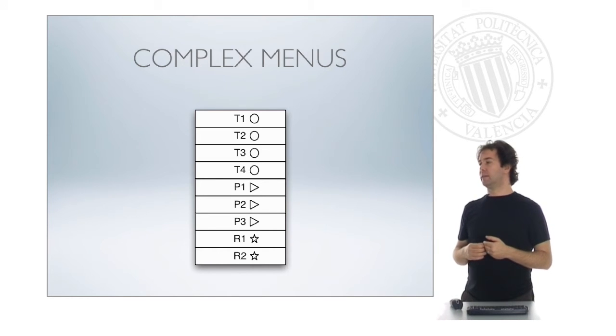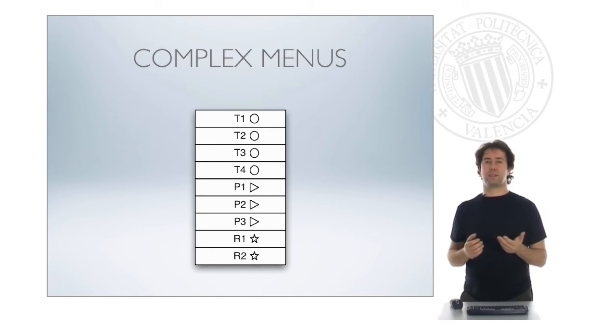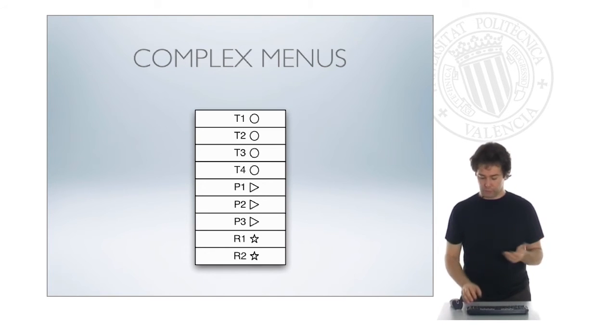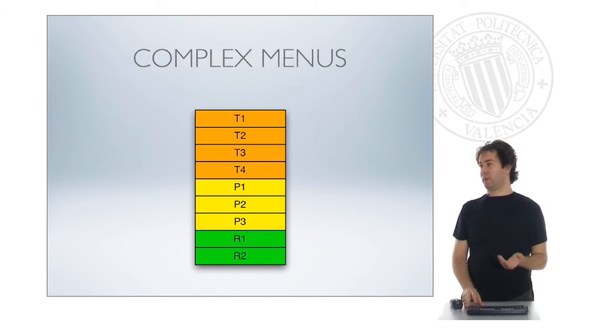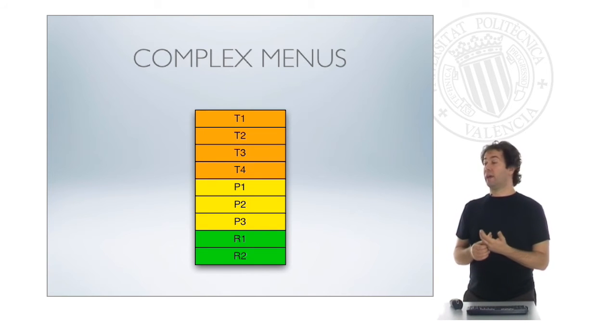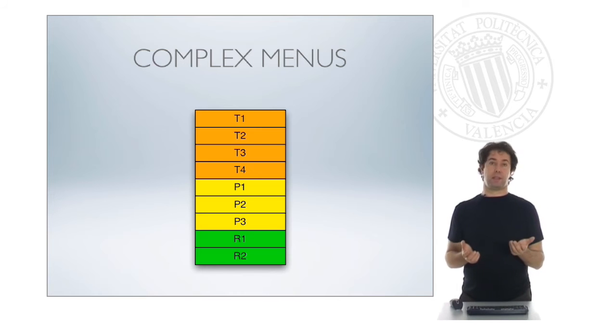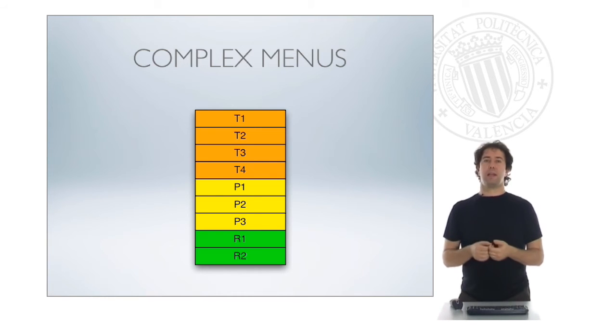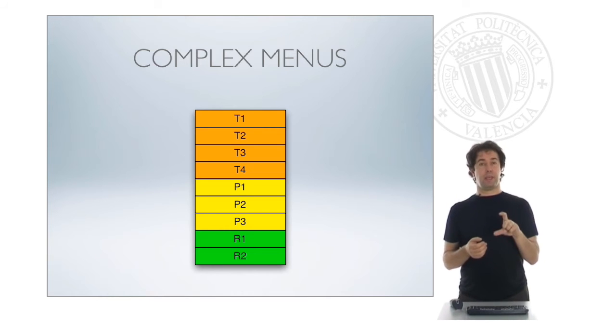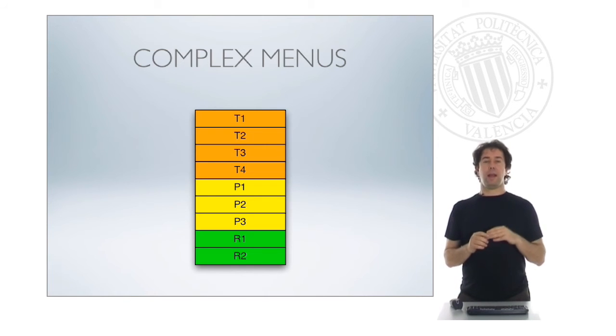Okay, we can also have this effect using any other visual clue. For example, we can have the same effect with colors. If we use colors, we are expressing exactly the same idea. We can do this even more sophisticated because, for example, imagine that the T block and the P block have some connection somehow, and the R block has no connection at all.